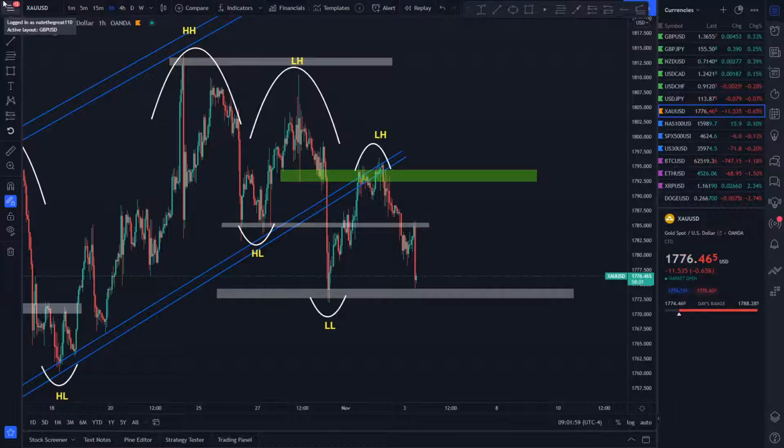Yeah, but you want to just mark up the important zones. But what's the price number? What's the price number?